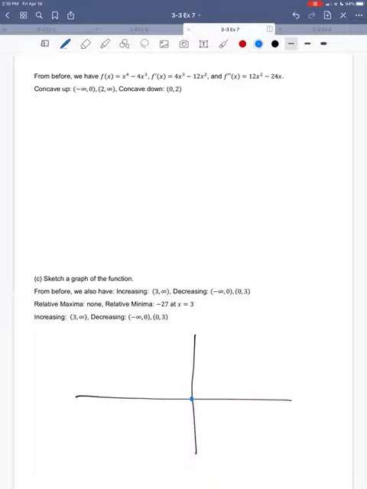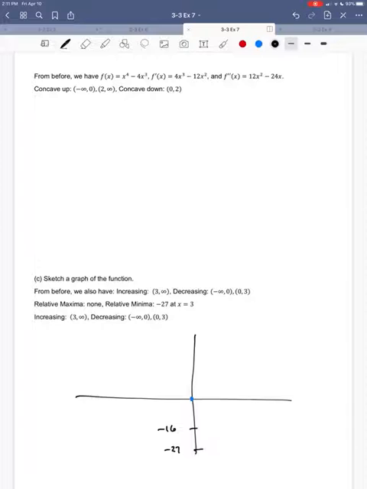My relative minimum was at 3, negative 27. I also have a point at 2, negative 16. That's a point of inflection that we had. So down here somewhere we're going to have negative 16. And then negative 27 will be here somewhere like that.